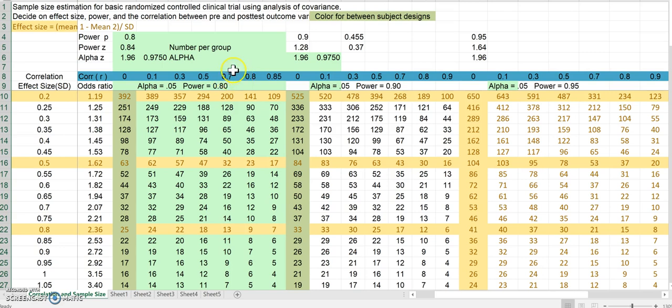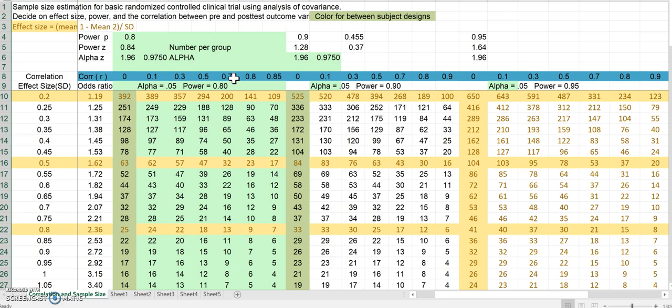An R of 0.7 is equivalent to an R squared, or percent of the variance accounted for, of 0.49, close to 0.5. So you're accounting for about 50% of the variance with your covariate in terms of a paired t-test. The two variables share about 50% of the variance.